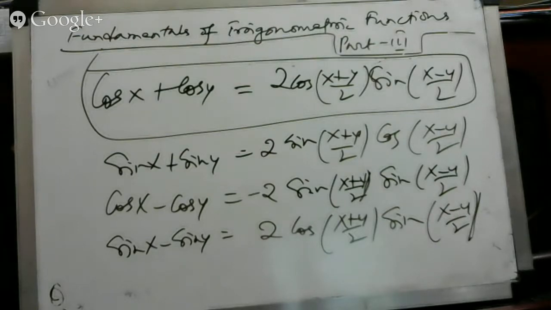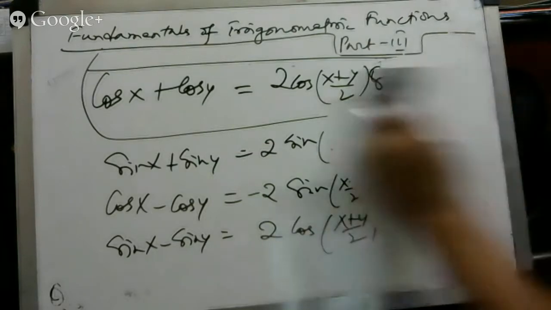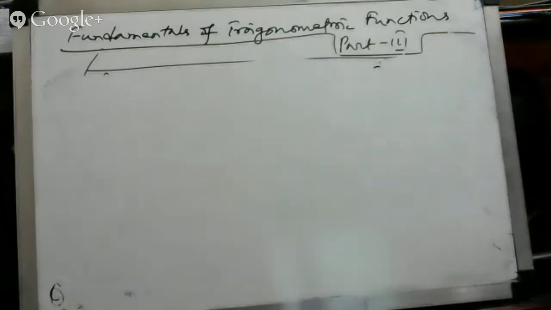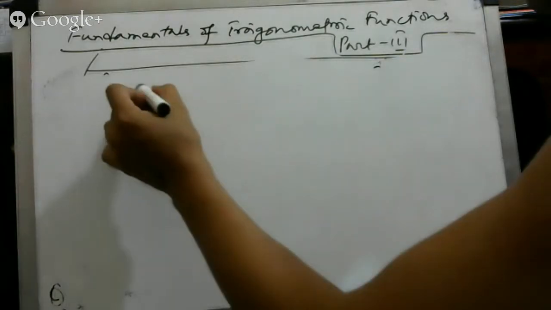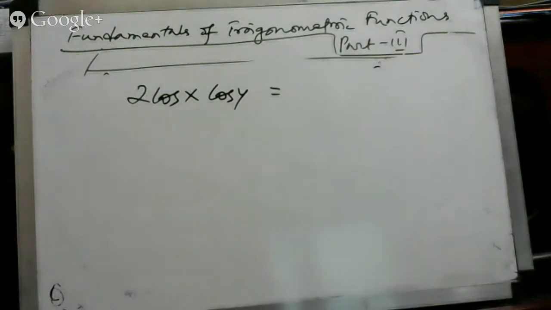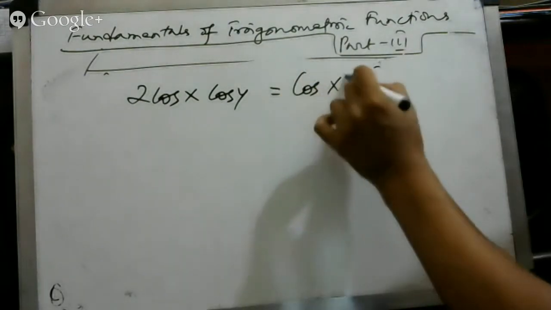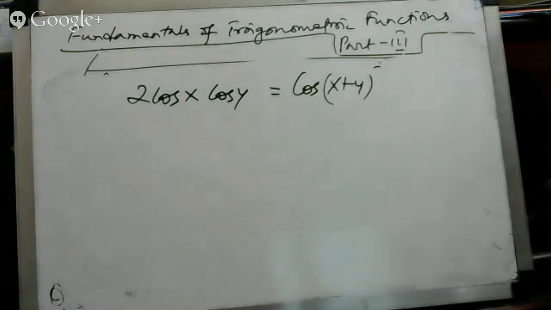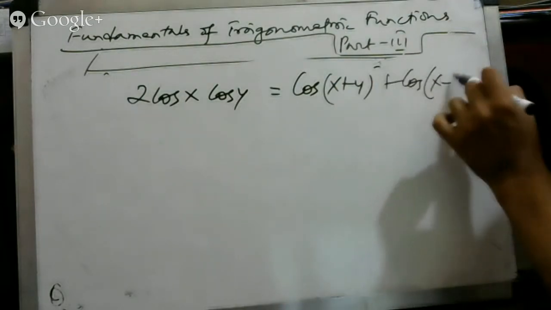So these are the identities we will be using in the trigonometric functions, and then finally, using the same identities which we discussed just now, we can also derive these additional identities. 2 cos x cos y is equal to cos of (x plus y) plus cos of (x minus y).